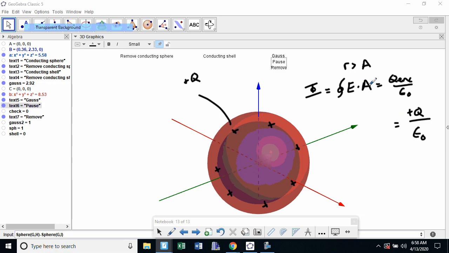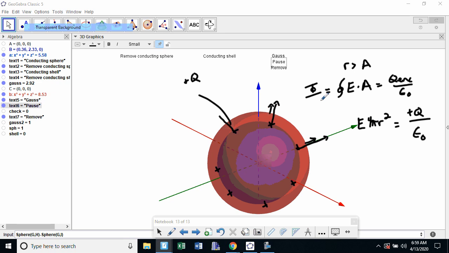And when I do the surface integral of E dot A, because I've chosen a smart Gaussian shape, the electric field lines and the area vectors are already parallel. So that means when I do this surface integral, the entire area of my Gaussian sphere is going to contribute. So this surface integral of E dot A just becomes E times 4 pi r squared. Remember, I'm using a lowercase r here because the size of my Gaussian shape is arbitrary. I just know that it's larger than the conducting sphere itself.